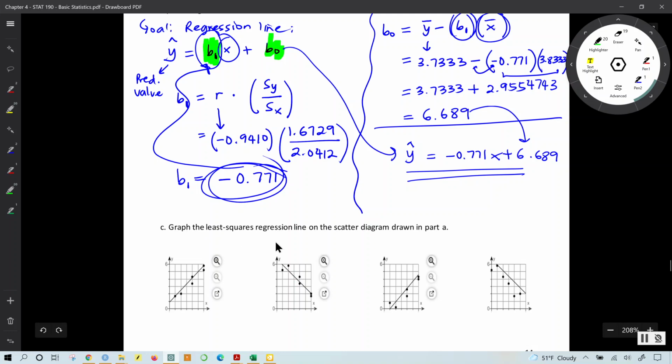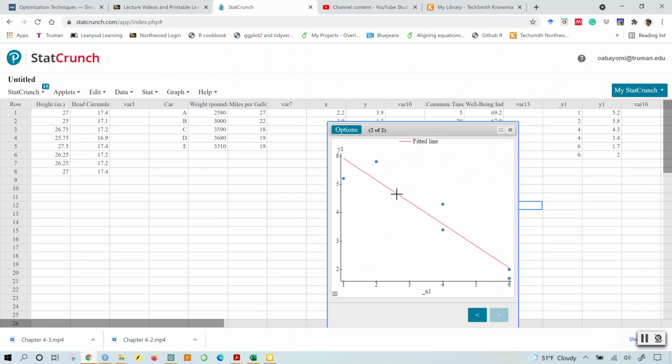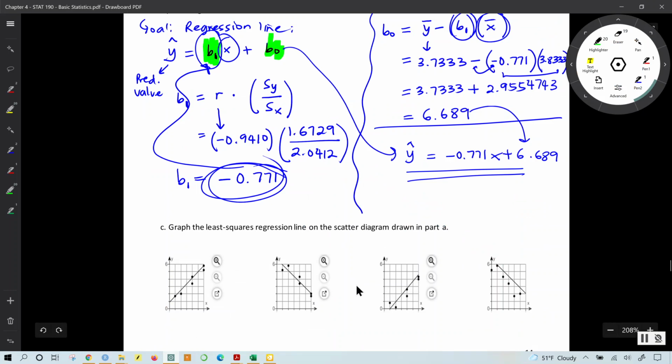We are to graph the least squares regression line on the scatter diagram drawn in part A. So going back here, we have the regression line on the scatter plot right here. So we're good to check which of these matches the options that we have here.